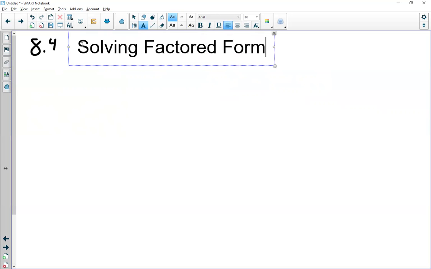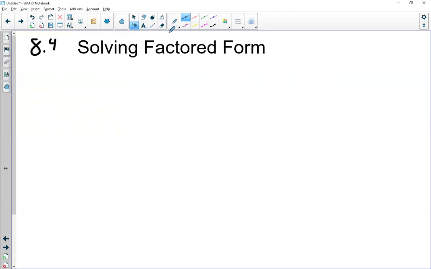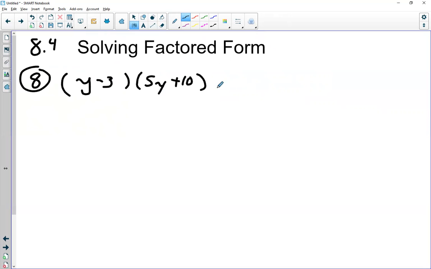Now, this skill of solving factor form technically could show up in every section because I could always tell you to set it equal to 0 to cause you to actually solve it. What's really important in solving factor form, let me pick something that you have to think a little bit about. Let's do number 8: (y minus 3)(5y plus 10) equals 0. Because it equals 0, if one of them is 0, it all becomes 0.